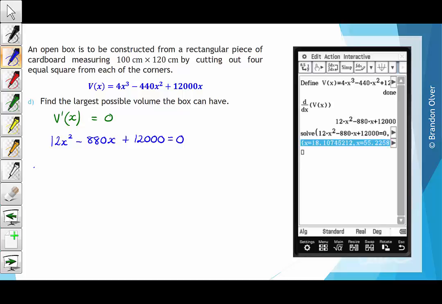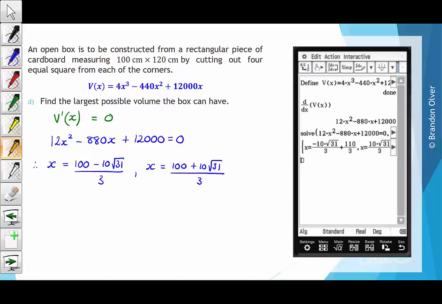From our CAS, we found that the first solution for x was (100 subtract 10 times the square root of 31) over 3, and the second solution was x is (100 plus 10 root 31) over 3. We also discovered that as a decimal this was approximately 18.1 and this was approximately 55.2.